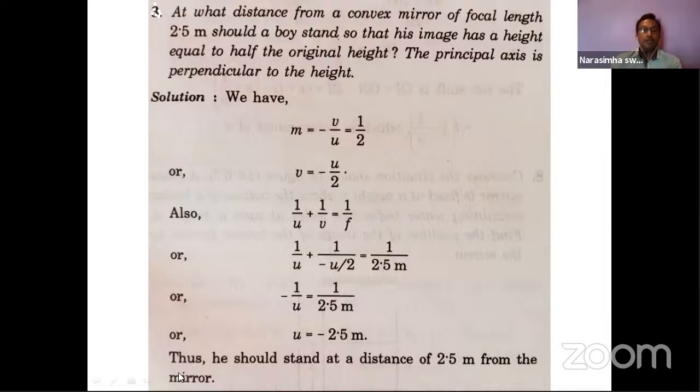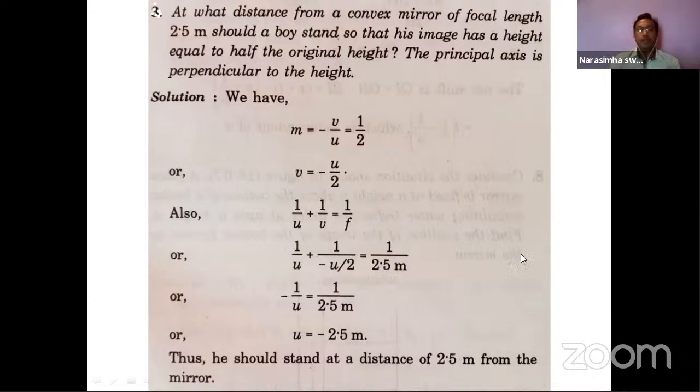Thus he could stand at a distance of 2.5 meters from the mirror. Understood? The distance of the object, where the person should stand, is 2.5 from the mirror.